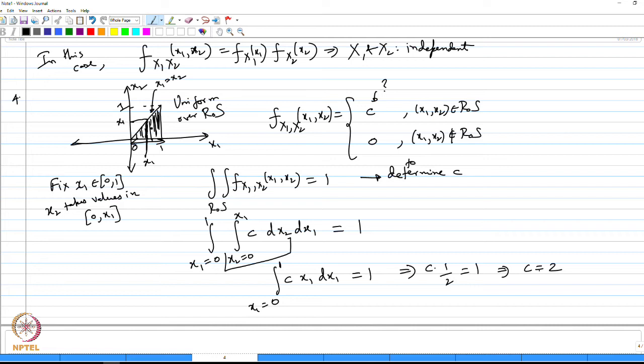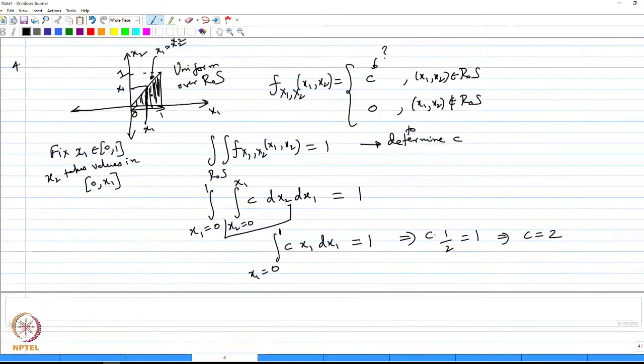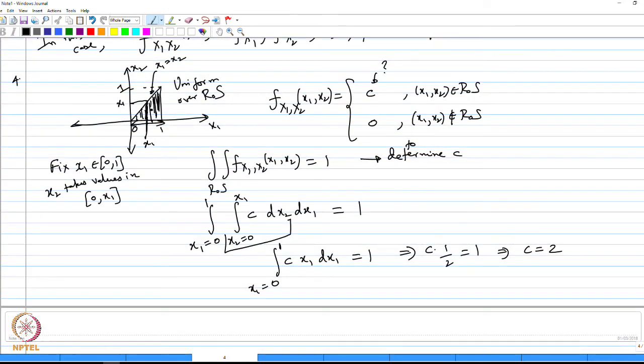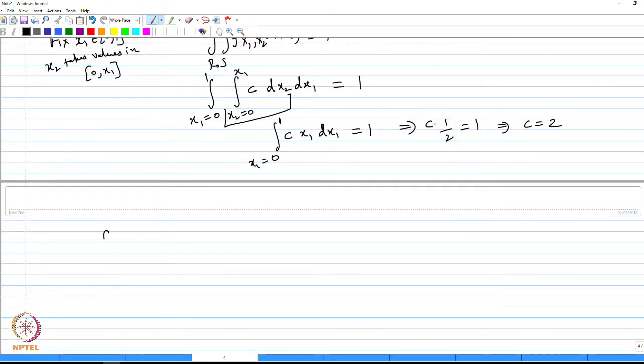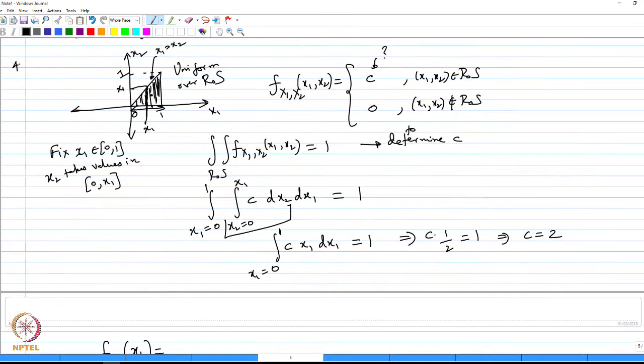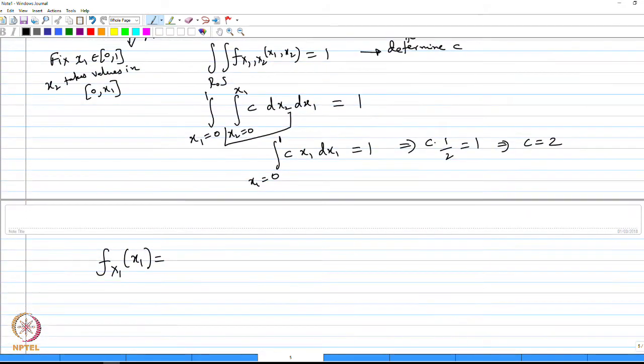All right. So now let's try and find the marginals also. If you find the marginals, you will get a very interesting sort of picture here. So what's going to be the marginal? If you want to find f of x1, I have to integrate out x2 from the equations.